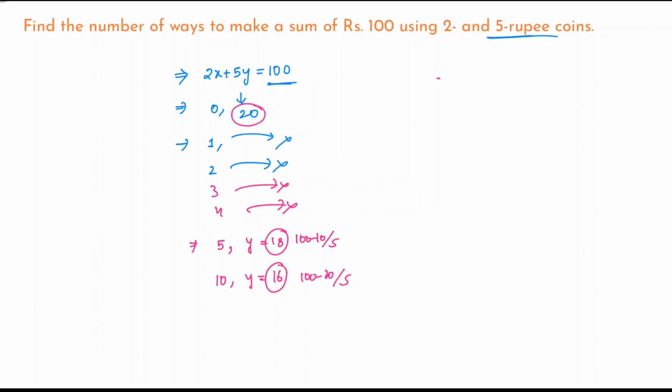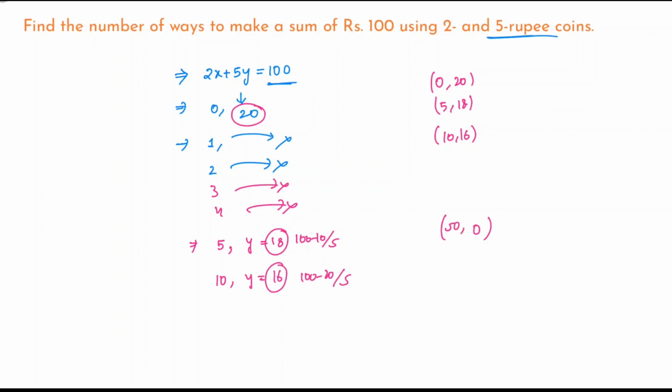So like this, we get cases of (0, 20), (5, 18), (10, 16), and so on till y being equal to 0 and x being 50.